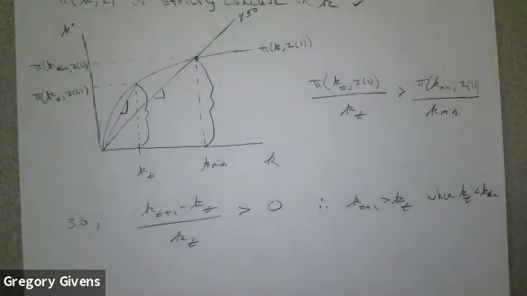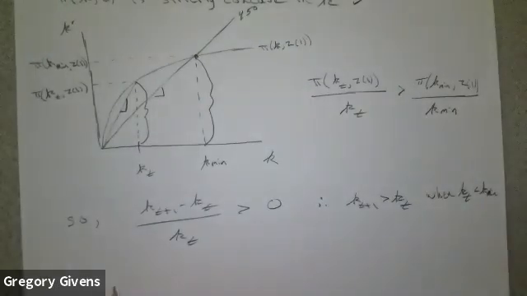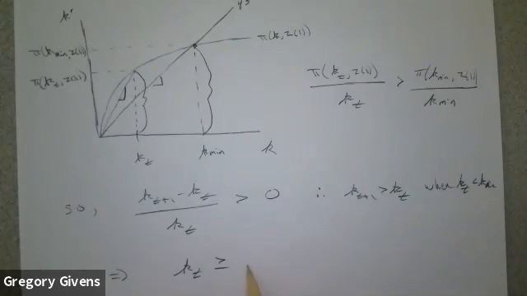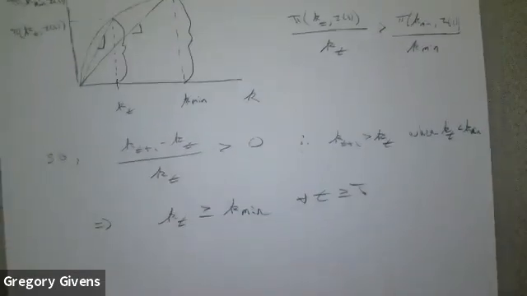So it follows that after a sufficient number of periods, the capital stock K_t will never be less than K_min for t sufficiently large. So K_t will be greater than or equal to K_min for all t bigger than or equal to capital T.